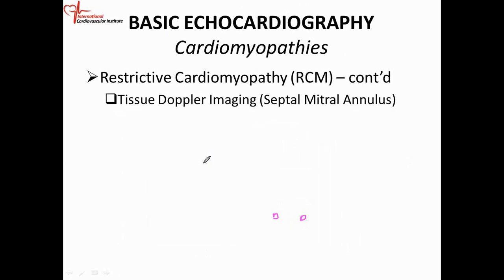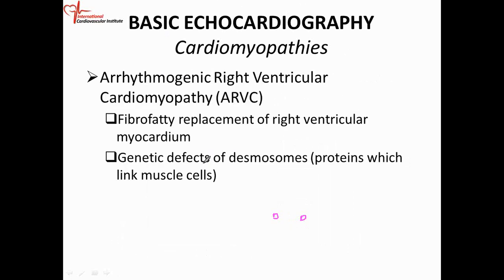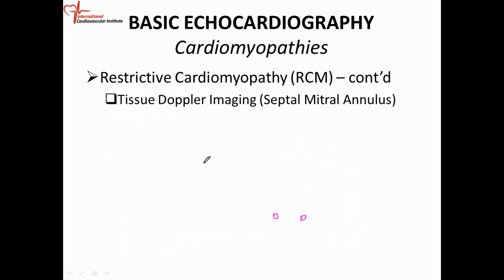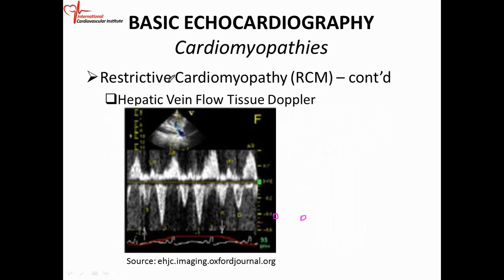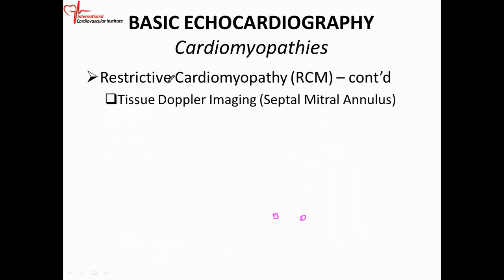All right. And then we talk about your tissue Doppler imaging. It's a muscle disease, and because it's a muscle disease, your E prime is going to be less than 8 centimeters per second.